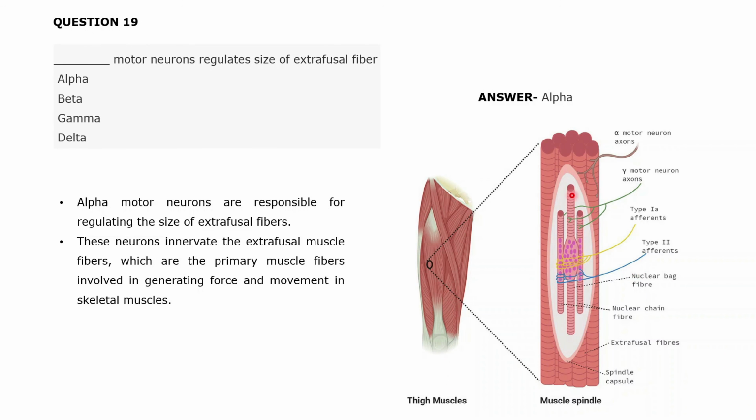I am just zooming out this image. You can see that the gamma motor neuron is attaching to the intrafusal muscle fibers, while the alpha motor neuron is attaching to the extrafusal muscle fibers. And also at the other end, you can see in this case, this is an enlarged portion of the muscle spindle.